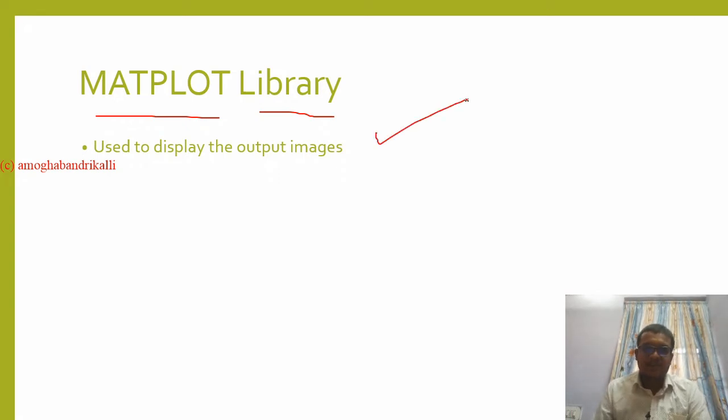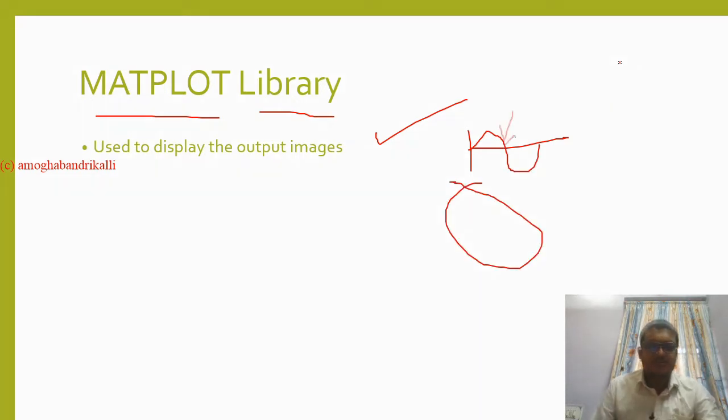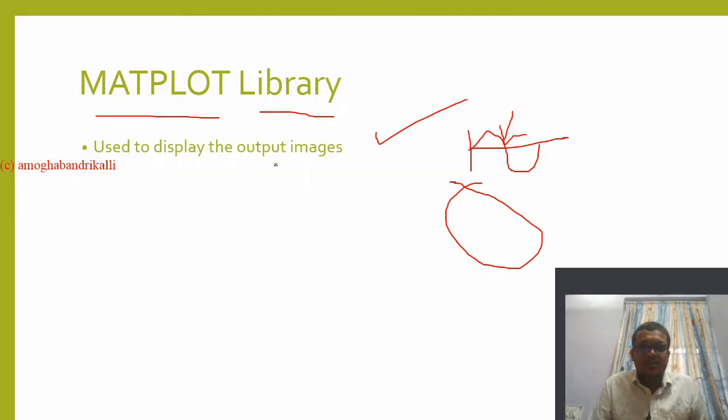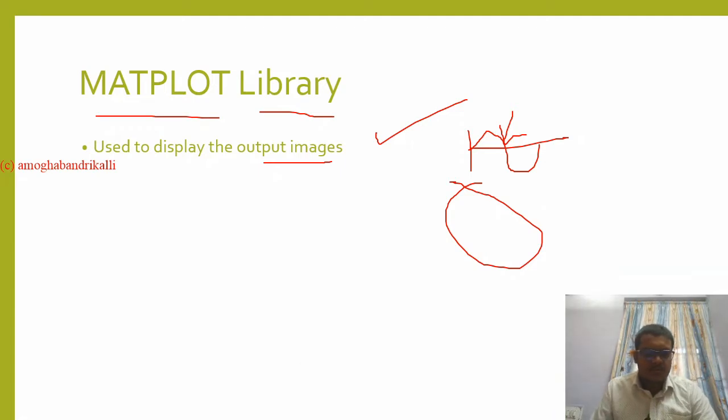It can be images, graphs, pie graphs, or line spaces. So the matplotlib library is used to display output images, graphs, or any sort of pie graphs.